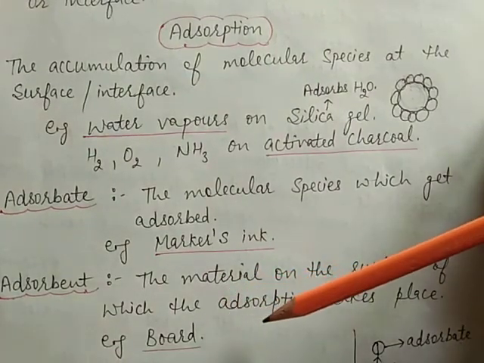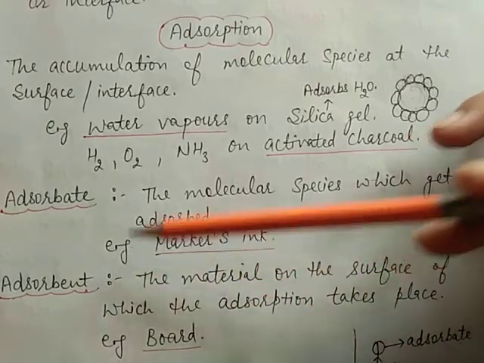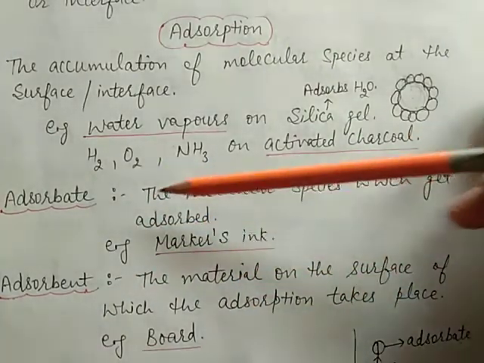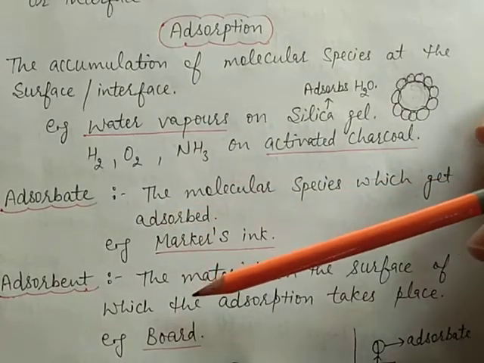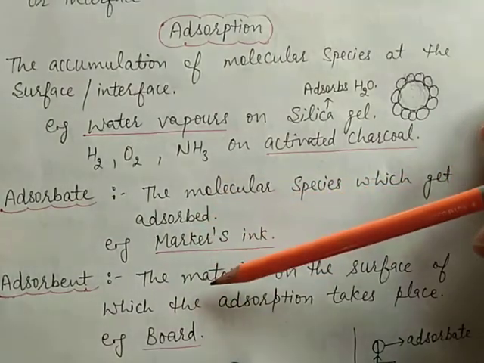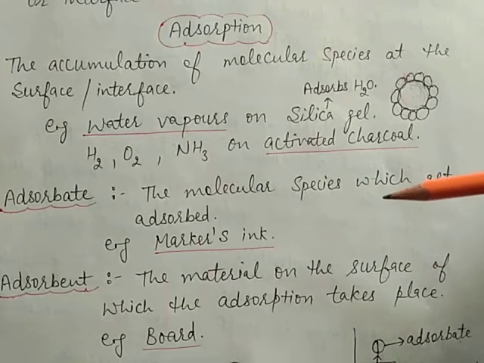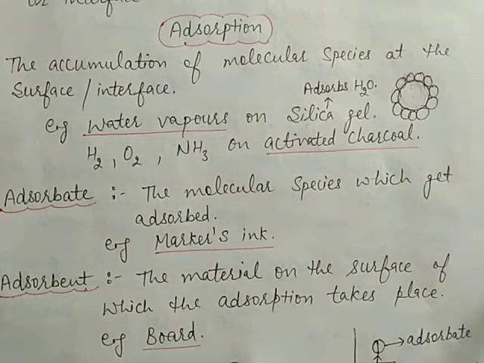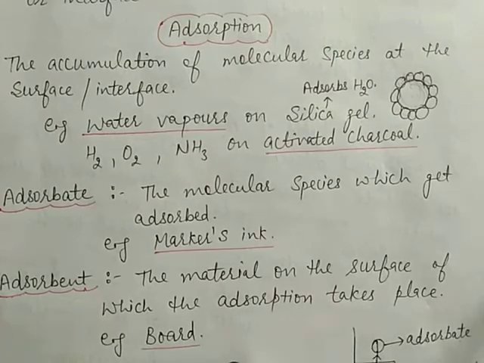Example like board. Board is adsorbent and marker ink is adsorbate, because here the adsorption process takes place on the surface, not inside the bulk.